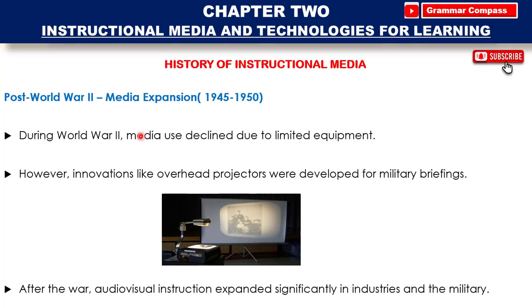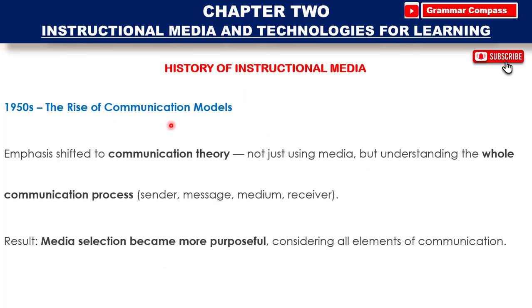Let us progress. After the World War, in the 1950s, what occurred? There was the rise of communication models. We talked about this in our first video, Chapter 1 of Educational Technology. In the 1950s, something interesting happened in education. People started thinking beyond just using media to teach.